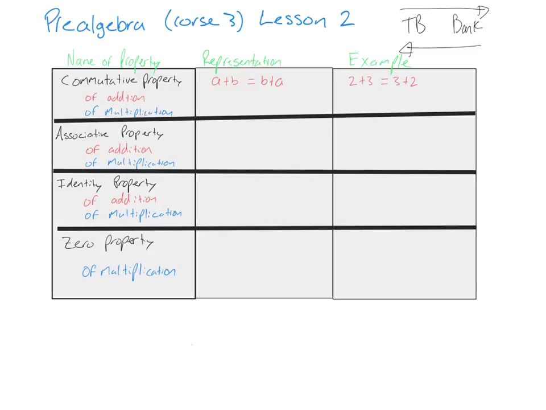Same idea for multiplication, except it has a multiplication sign. The commutative property of multiplication says A times B is equal to B times A. So 1 times 4, which is 4, is the same thing as 4 times 1.